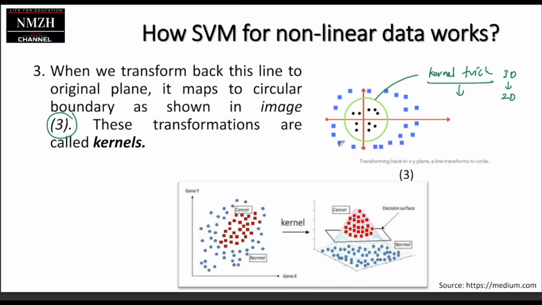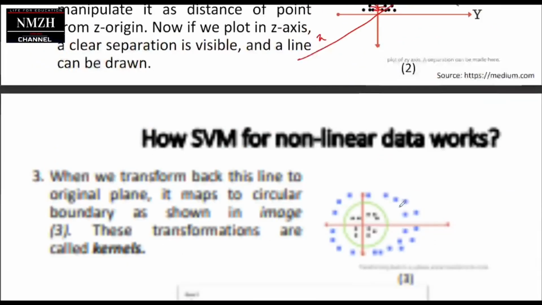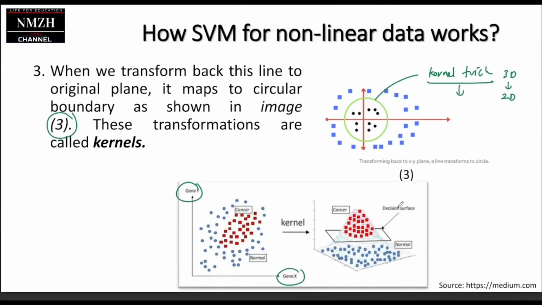So I provide here a picture dividing gene X, for example, and gene Y. Obviously the data is mixed around, similar to this, right? So what we see here is that we cannot put this line, that line, and that line to separate two classes over here, meaning cancer and normal person, right?